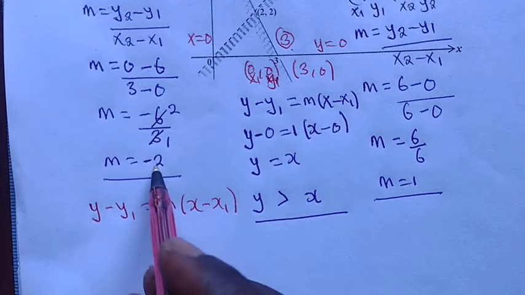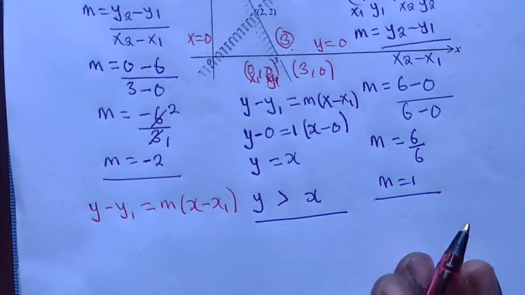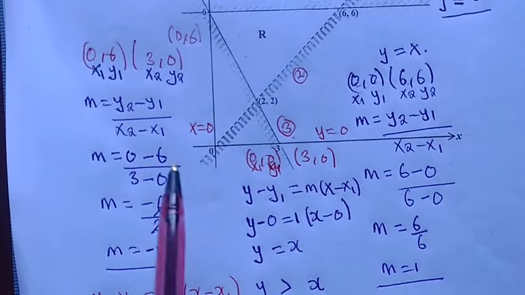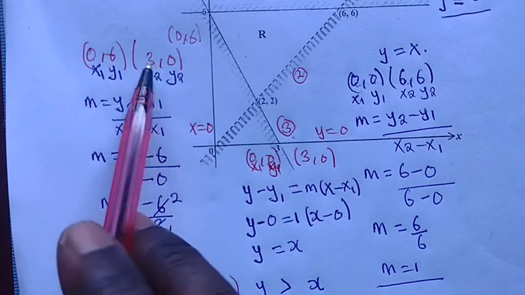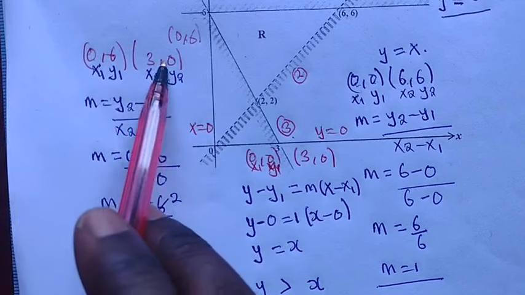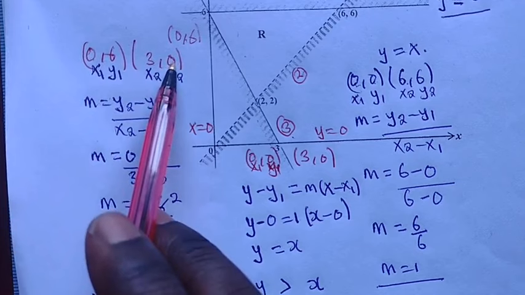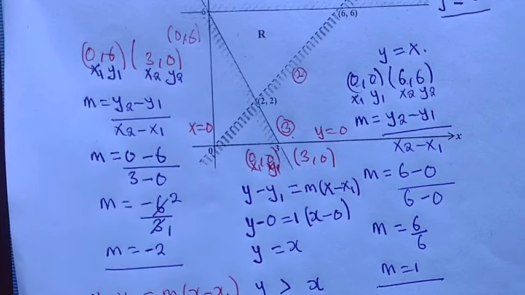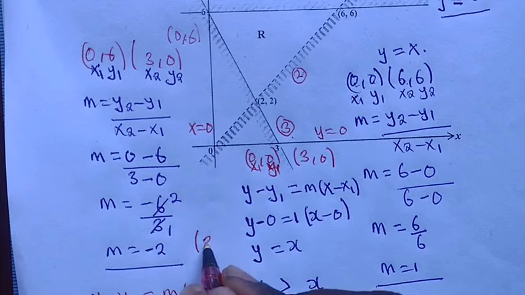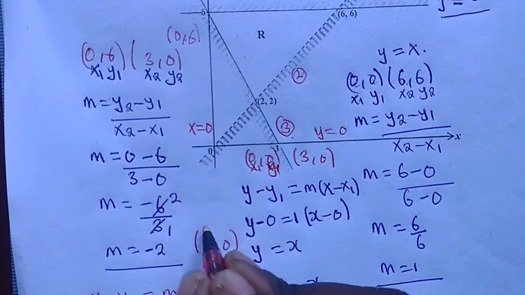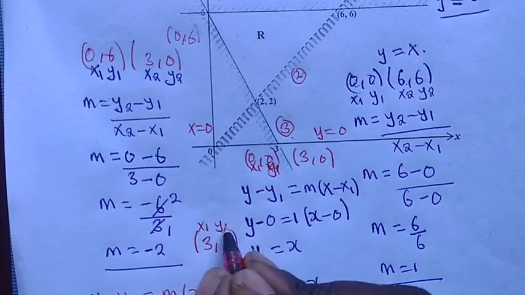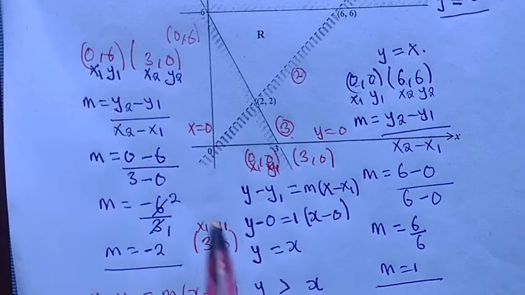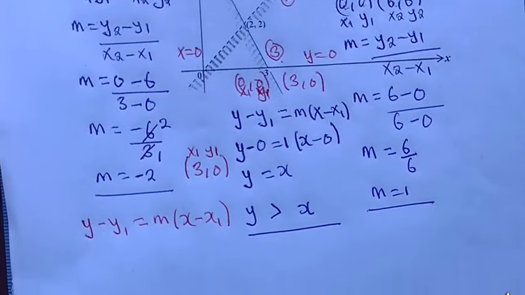The gradient is negative 2. For the coordinates, we can pick any, because we are using these and these. I'll pick this because I want my y1 to be a 0. So the coordinates I'll pick are 3, 0. This will be x1 and this will be y1. Even if you want, you can pick the other point, you get the same answer.